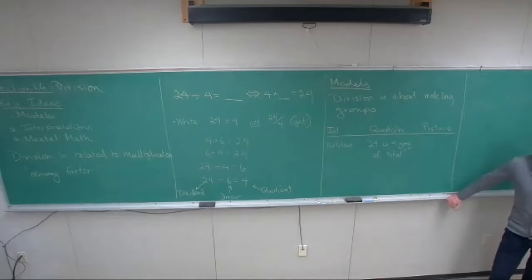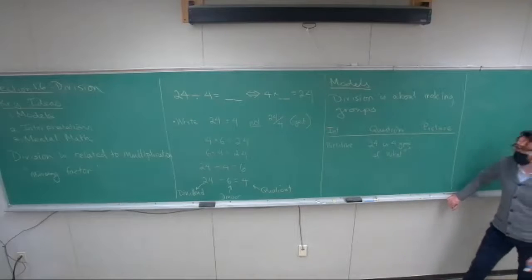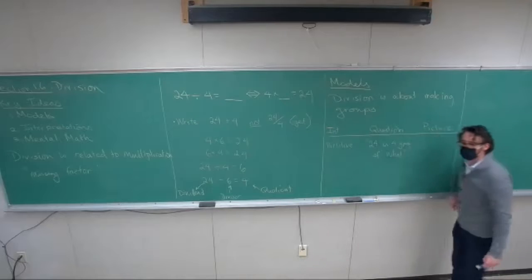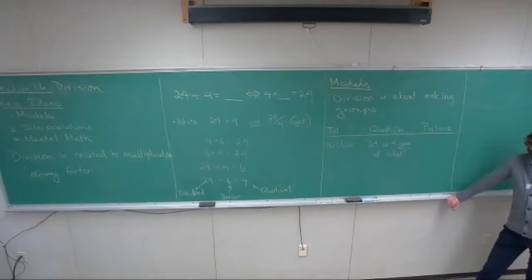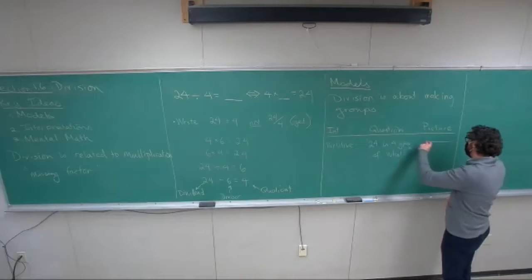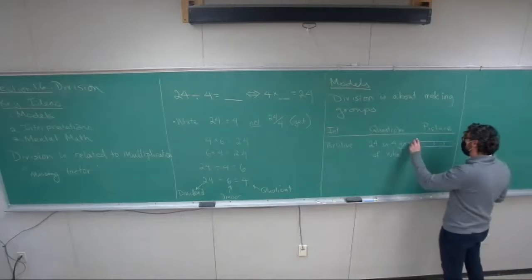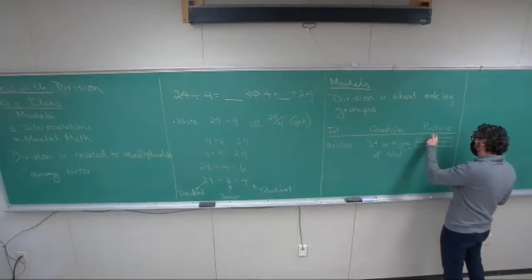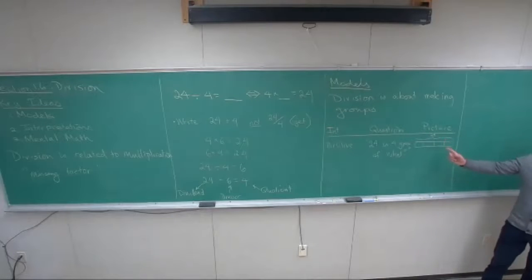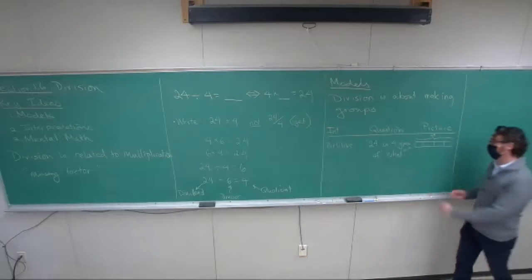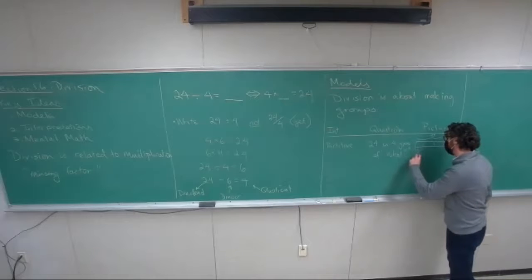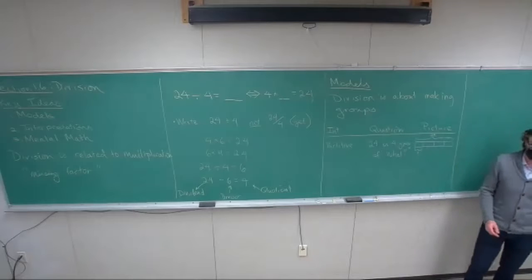Okay, 4 groups of what? So in the partitive interpretation, we know how many parts we're going to have. The question is, how big are those parts? So the picture would look like this. I take my entire total of 24, I break it up into 4 pieces, and the question that we're asking is, how big are those pieces?